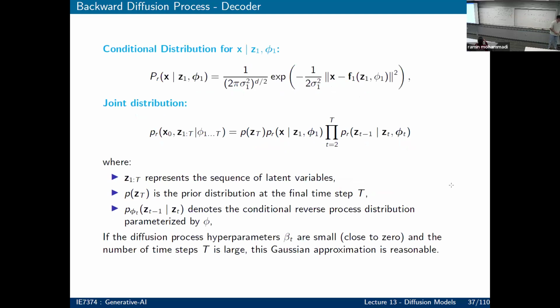If we now go also for the conditional, we can find this for the last part of the process, meaning from here to here, the last time step. What you see on top is the conditional of x, which means the real image, given z1, the last hidden state.